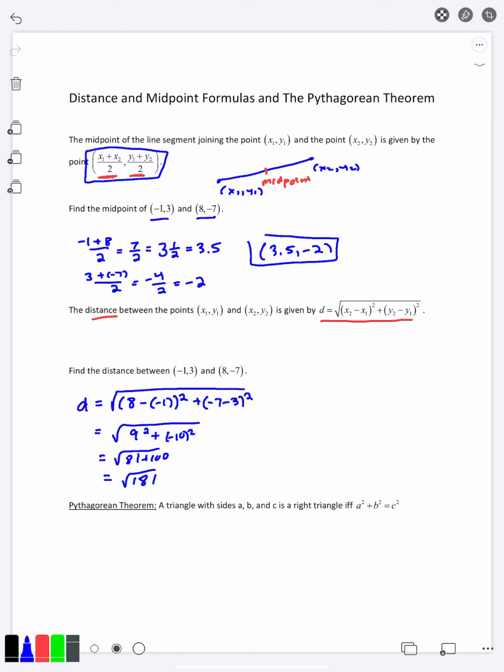Now, if we could simplify this, we should. A lot of times we cannot simplify it, though. Also, you might put that in your calculator and get a decimal answer. But generally in math courses, we prefer that you don't do that, because if you're going to give me a decimal there, at some point in time you're going to stop writing, and that means you're going to have to round your answer.